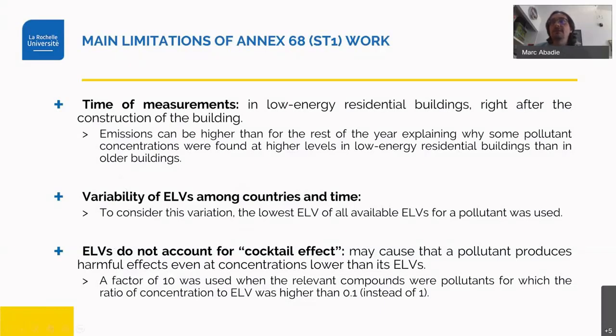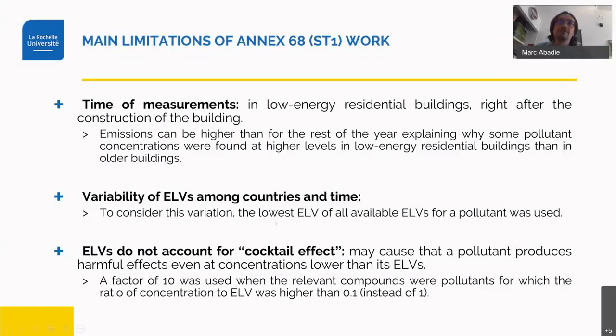Regarding the ELVs, exposure limit values, there are different values from country to country, and they also change with time with new advances in research or new findings about some pollutants. So to counteract this problem, we took the lowest.